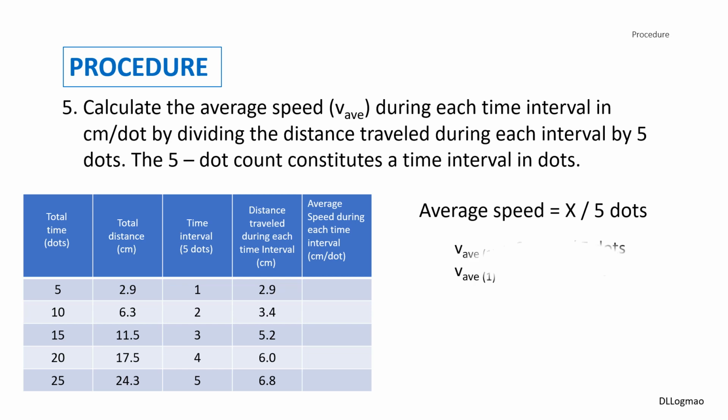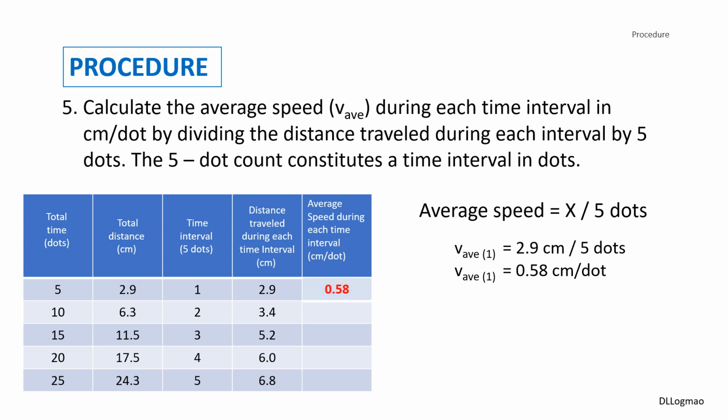Average velocity sub 1 is equal to 2.9 centimeters divided by 5 dots. Result is 0.58 centimeter per dot. Record in the column for the average speed.